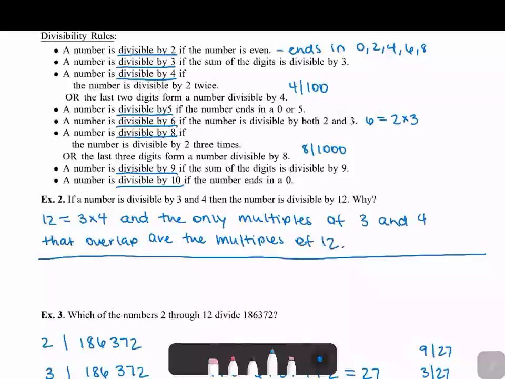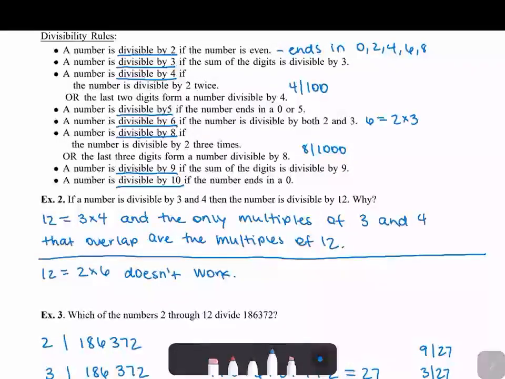But let's look at a test that doesn't work here for 12. If we write 12 equals 2 times 6, this doesn't work. So you can't just pick any multiples of a number. You have to pick ones that don't have this overlap.